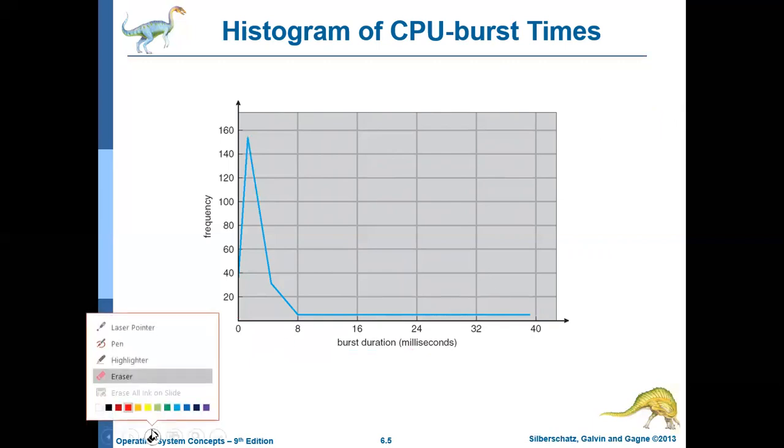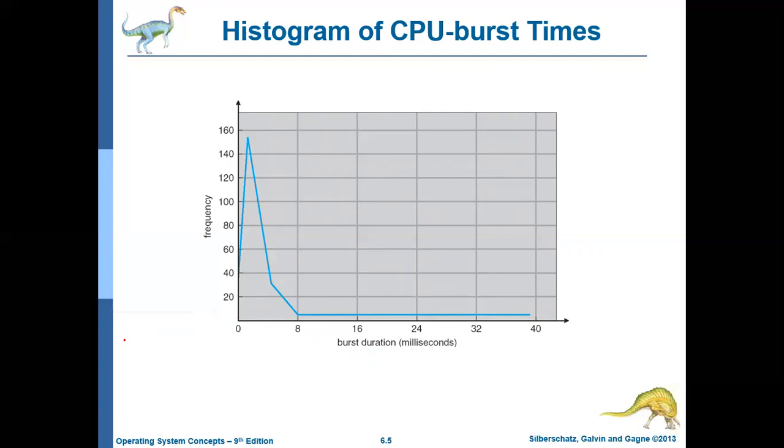In a typical IO bound process, there will be more CPU bursts of shorter duration.